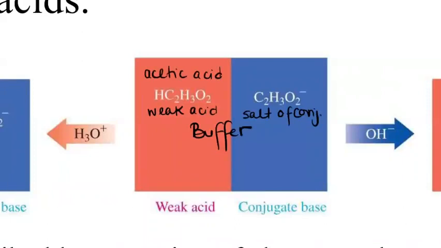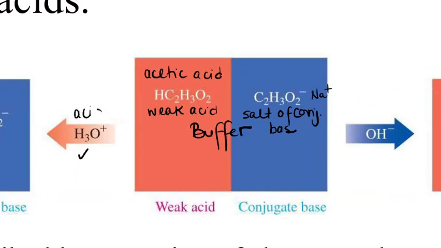The only thing that you don't see here is the sodium, the lithium, or the potassium. So let's just write it in. Let's just put in the sodium here. Okay. Let's first go over how does a buffer system resist changes when we add specifically acid.